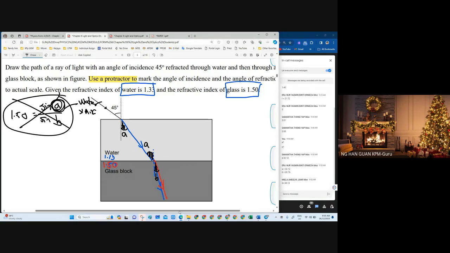Because of that, 1.5 is wrong. If you want to apply sin A over sin B, you should make it equal to 1.5 divided by 1.33. You should apply Snell's law: 1.33 sin angle A equal to 1.5 sin B.